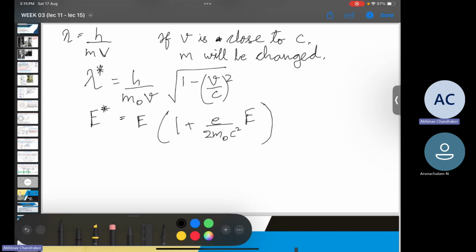And we know that if v is quite small, we can neglect this term, and we'll get the de Broglie wavelength only.